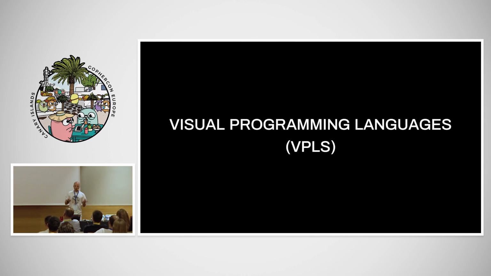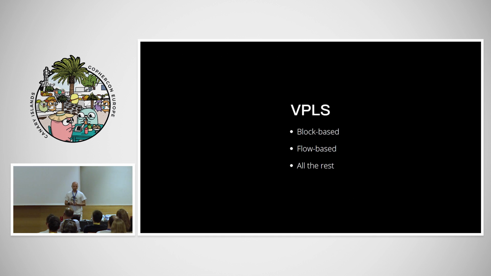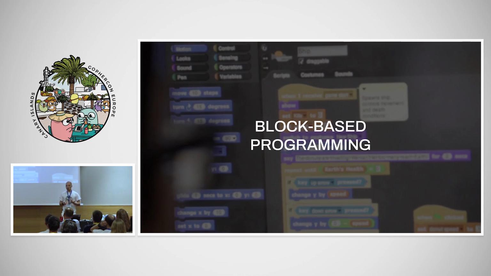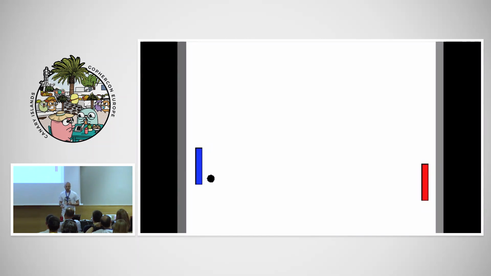I'm obviously not the first person frustrated with that, and there is a whole field of visual programming languages, or VPLs. They could roughly be divided into 3 categories: block-based, flow-based, and basically all the rest. Block-based visual programming is basically environments where you don't enter code as text, but rather drag and drop predefined blocks into the scripting area.